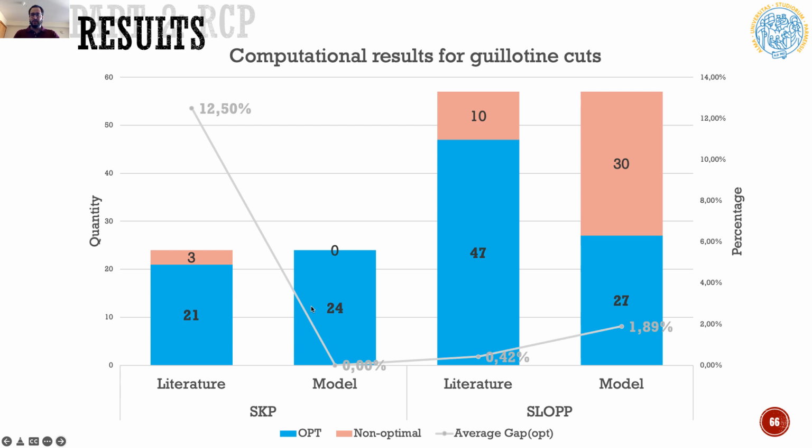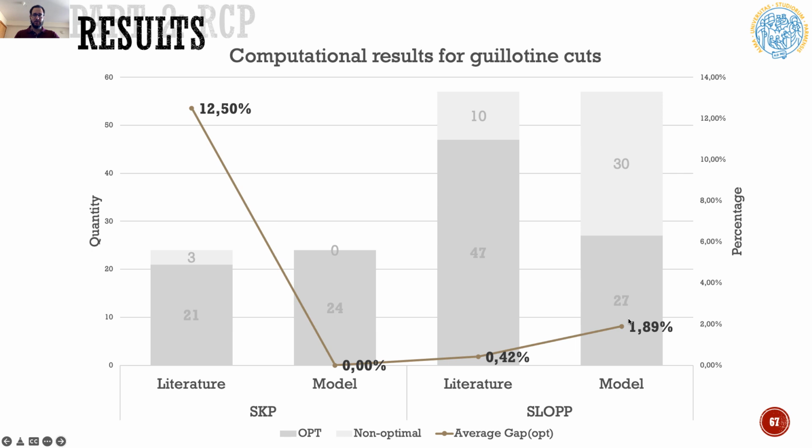However, when it comes to SLOPP, the number of optimal solutions found was lower, 27, in comparison to 47, although the average optimality gap is still low here, about 2%, which is not the case when we analyze the gap in the literature for the SKP, greater than 12%.